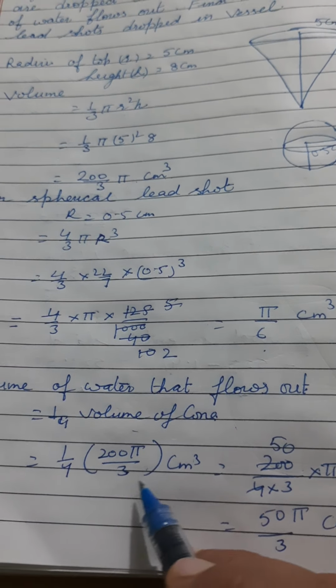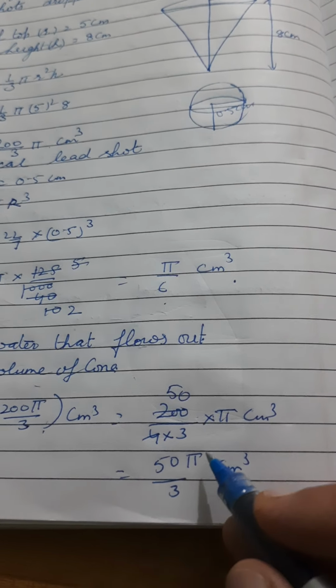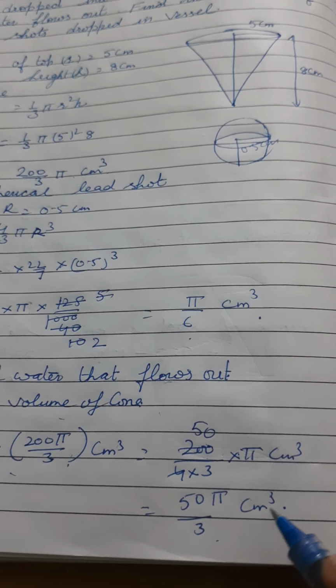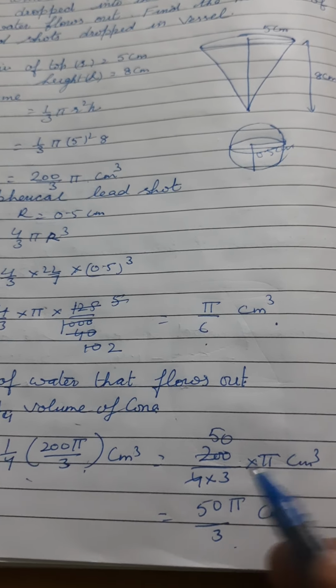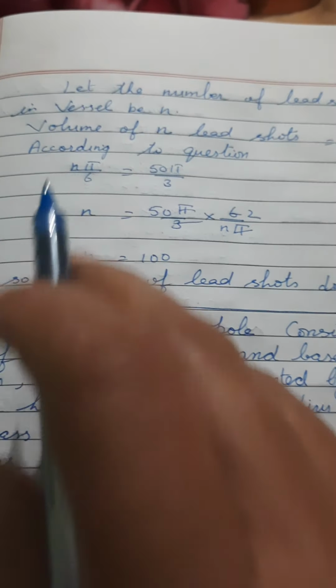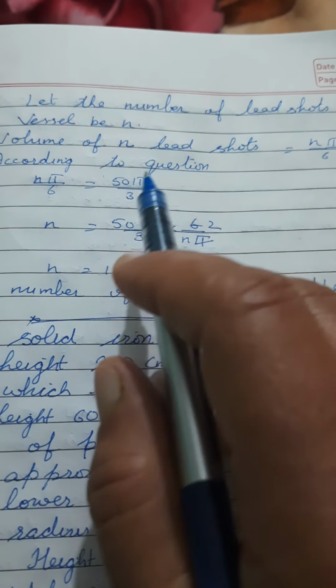We put the value and after solving this we get 50 pi/3 cubic centimeter. That is the volume of water that flows out. Now we know that the volume of all lead shots will be equal to the volume of the water that spreads out.